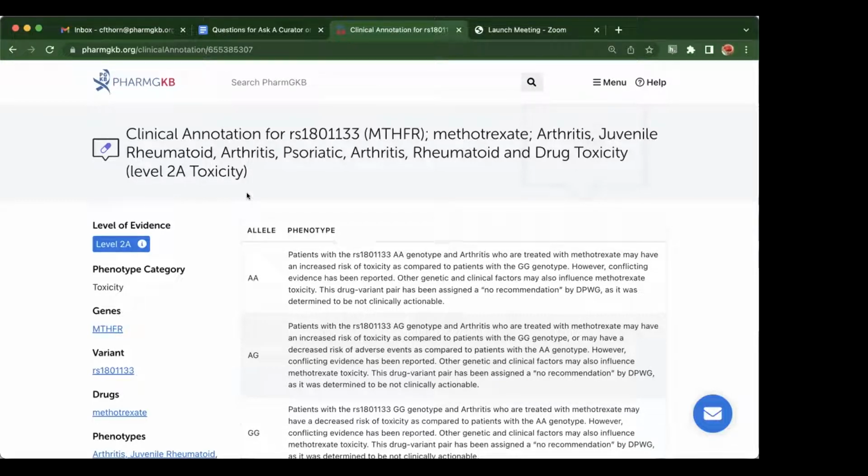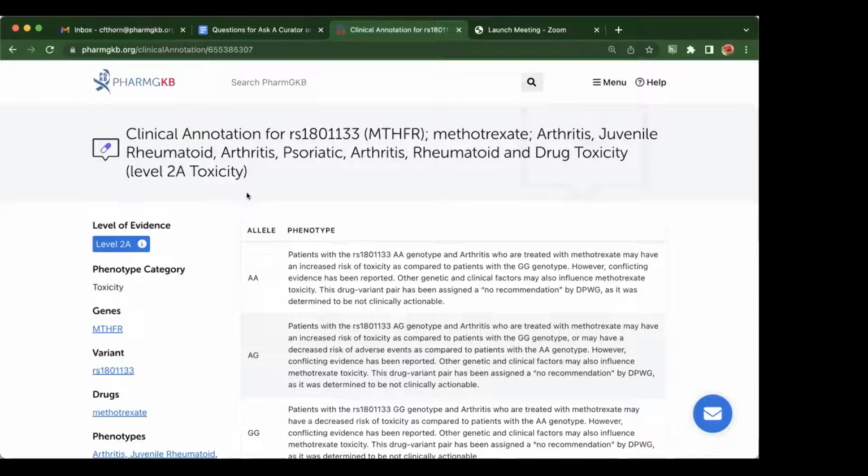So we have the main pharmacogenomics journals like Pharmacogenomics, the Pharmacogenomics Journal, PG&G, CPT, and there's a few others that we routinely try and get everything from.